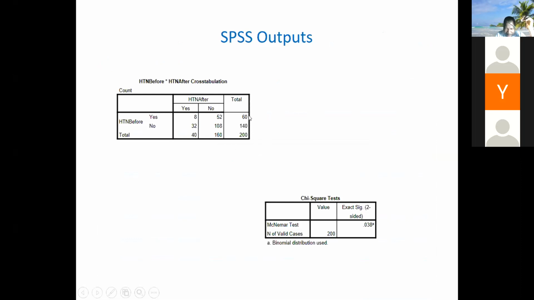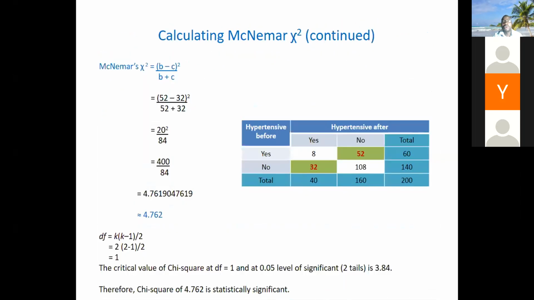How many are hypertensive before? 60. So the middle one, you don't concern yourself with what is in the middle. The interpretation is along the periphery. So 60 over 200. You put the percentage here.